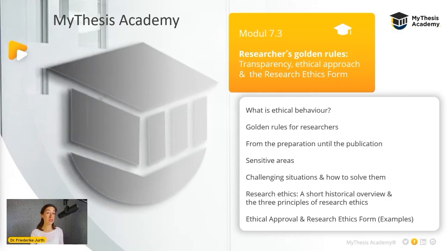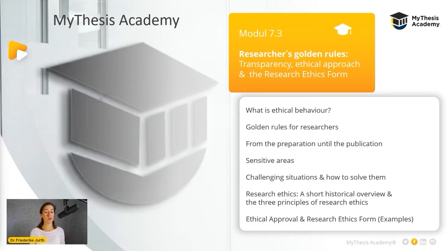Then we will also have a closer look at the so-called sensitive areas, so areas which are not open to the public or where you have to deal with further challenges. I will present the different types of sensitive areas, and we will also see how to deal with challenging situations and how to solve them after all.